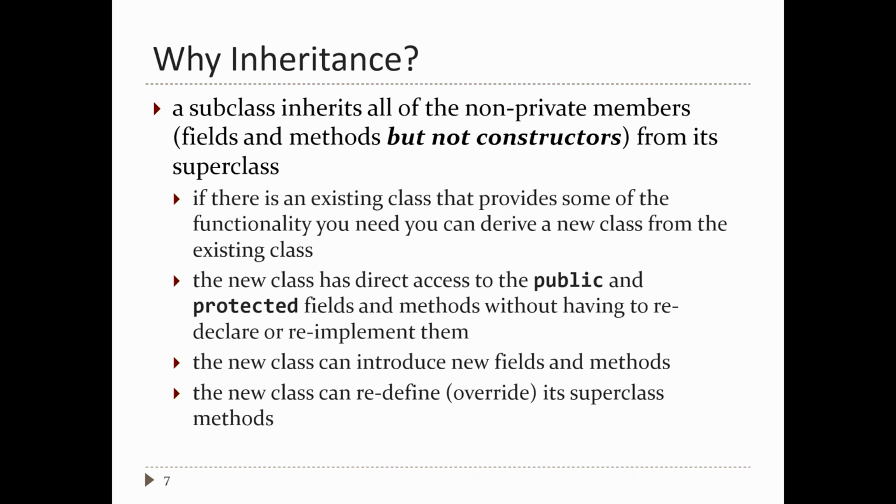Now, what else can you do? It's probably the case that the class that you inherit from does not do everything you need it to do. So you're allowed to add new fields and methods to your new class, to extend its functionality. Additionally, you can also redefine, or override, any method that you inherit from a superclass.